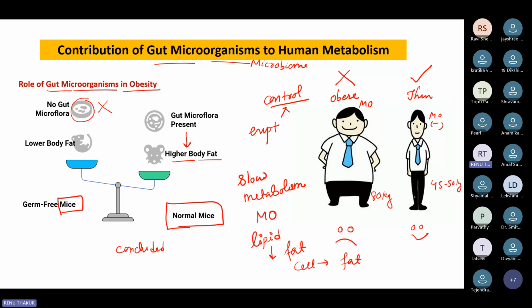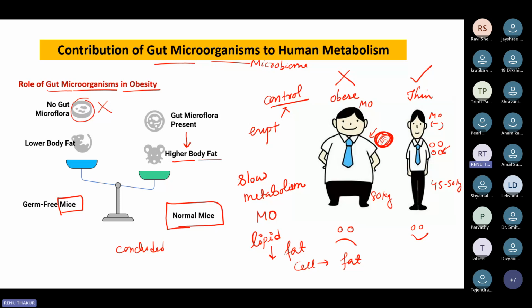So why is this so? Because his cells are healthy. They have not stored fat globules in their cells. So the cells are healthy. They are doing every metabolic function easily, but his cells have stored fat globules. So they are not able to do the normal metabolic machinery.